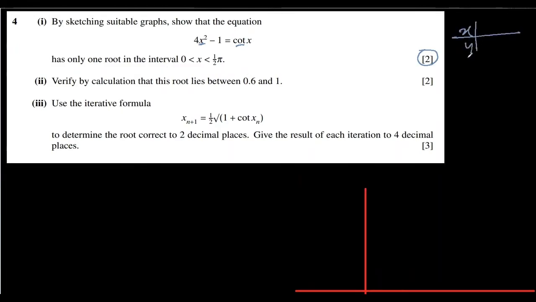In the next part they have given us a hint: the answer is between 0.6 and 1, and luckily they have also given us a domain. So you should choose numbers between 0 and half pi. Half pi is the same as 1.57. So you can take 0.2, 0.4, 0.6 and up to 1.6, because 1.57 is less than 1.6.